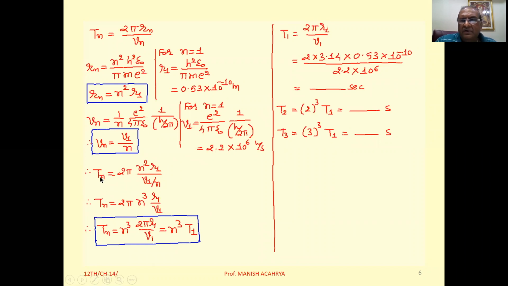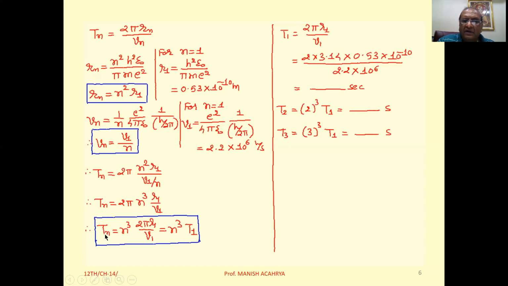Now periodic time in nth orbit is 2 pi Rn upon Vn. Now Rn we can write n square R1, and Vn we can write V1 by n. It implies that time period in nth orbit is 2 pi n cube into R1 upon V1.